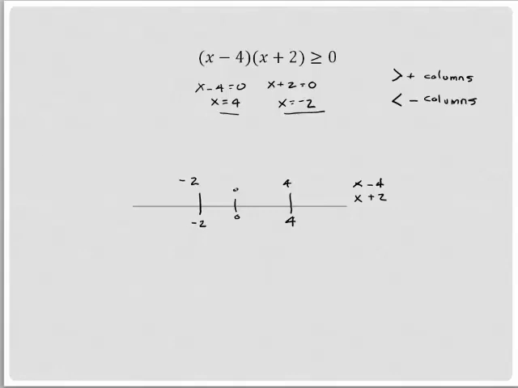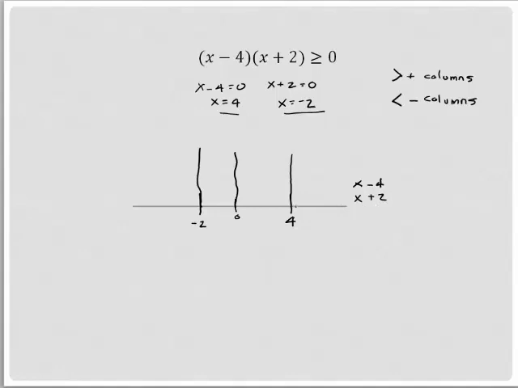So give me just a minute to clean this up a little bit. There we go. Oh, my straight lines are not quite straight today, are they? Okay. Now, x plus 2, x plus 2 is greater than or equal to 0.